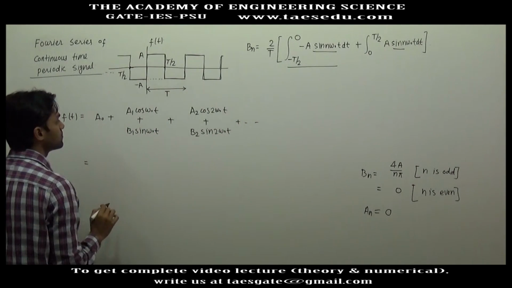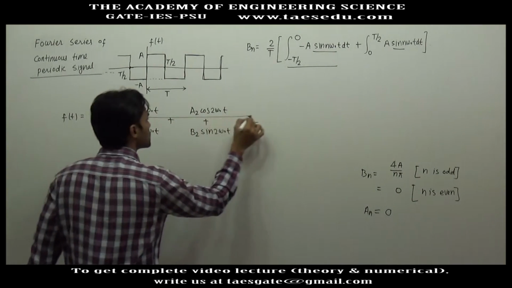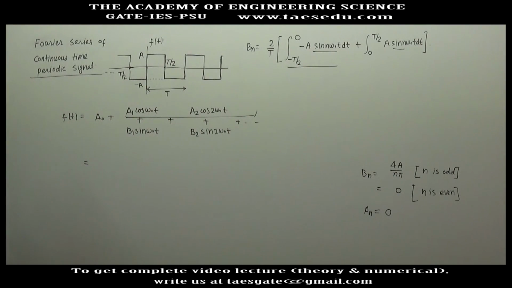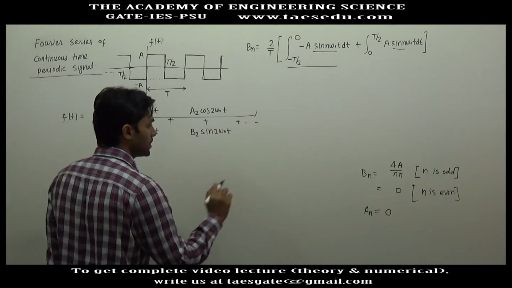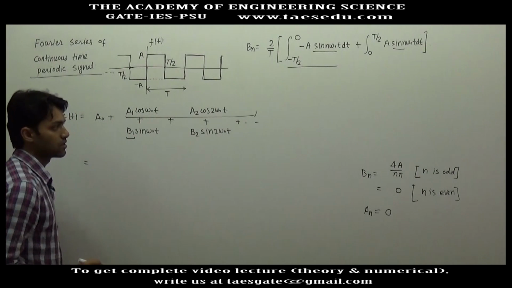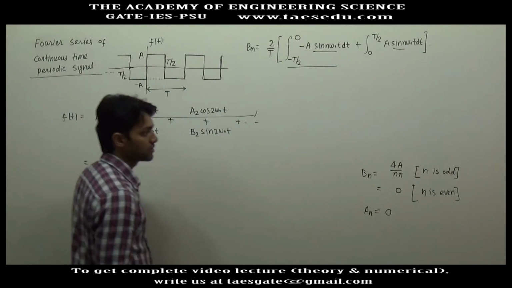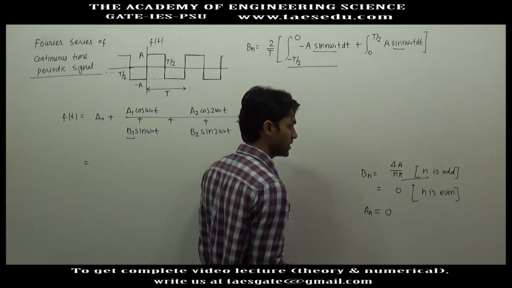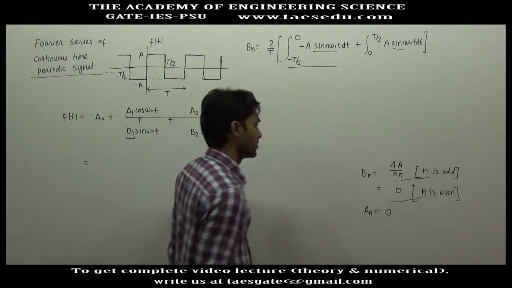So a naught is 0 and all the a's are 0. And in case of bn, for odd n this formula will be applicable, and for even n the coefficient will be 0.